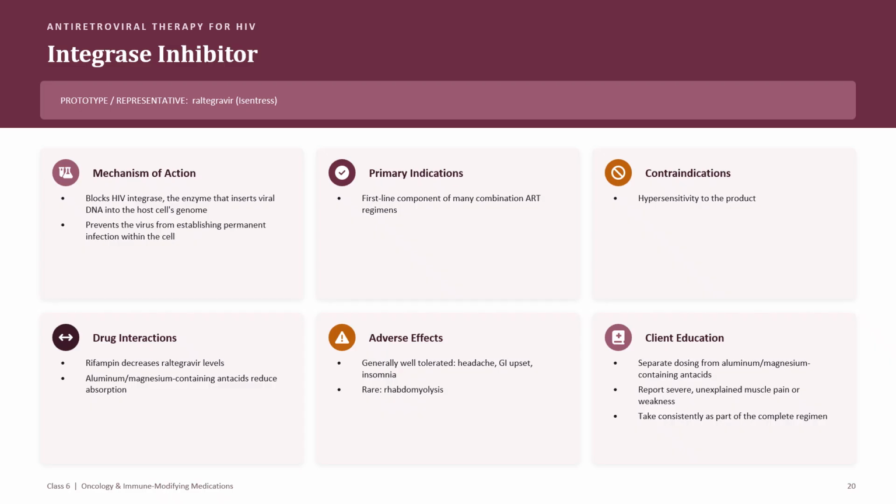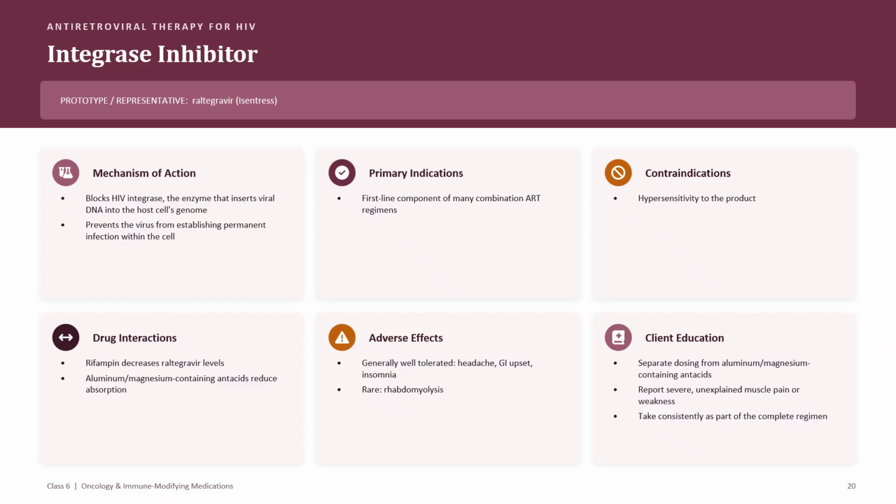So this is often a preferred first-line medication, specifically because its side effect profile is comparatively mild, mostly headache, GI upset, or insomnia, which matters a lot for a medication regimen for someone who's going to be on it for the rest of their life.